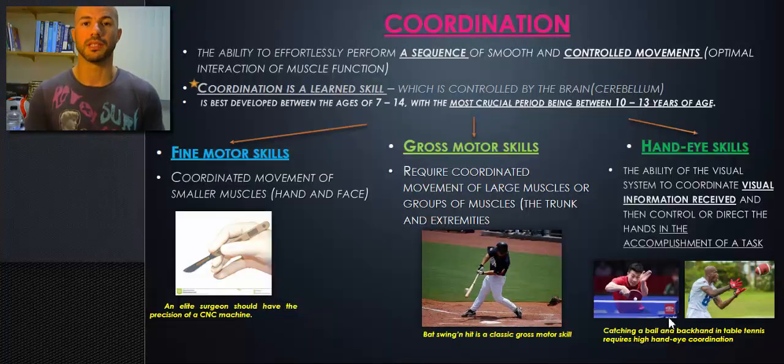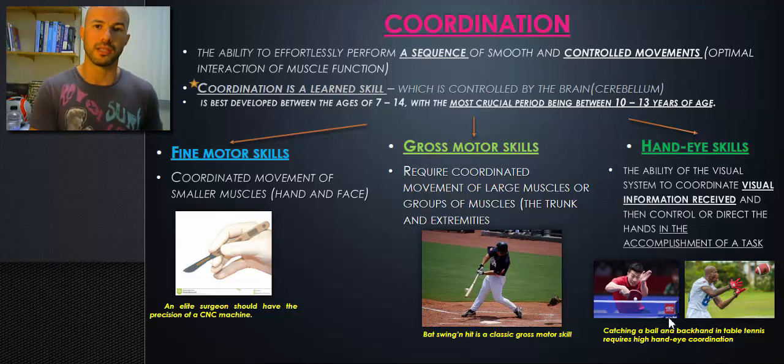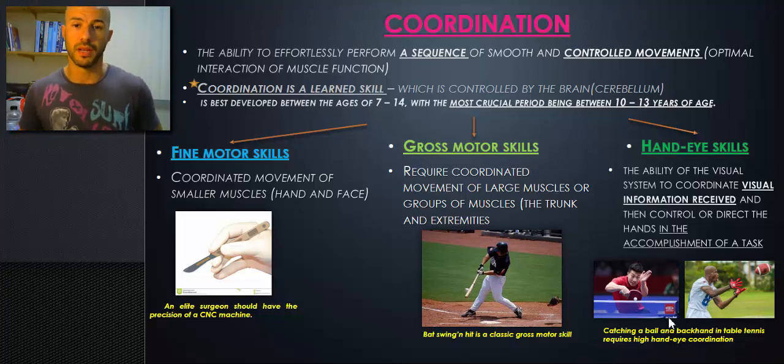Coordination is an ability, it's a learned skill. It doesn't come from birth right away. I mean, you might be born with a high potential of learning those skills, or a talent for learning those skills, but still you have to practice them. Some people might learn it fast, some people take a little bit longer, but still you have to spend a certain amount of time to get this coordination going.